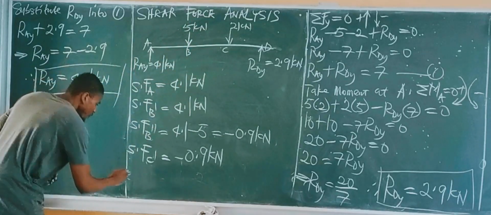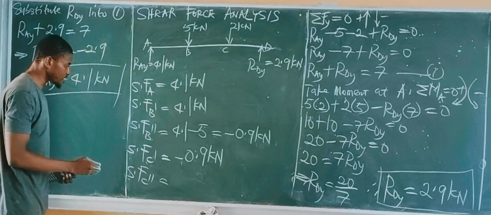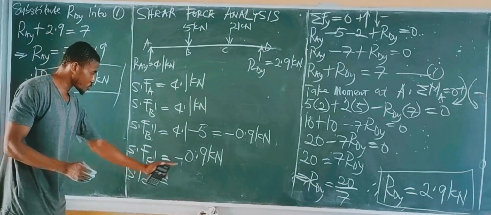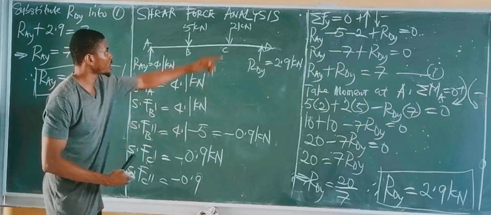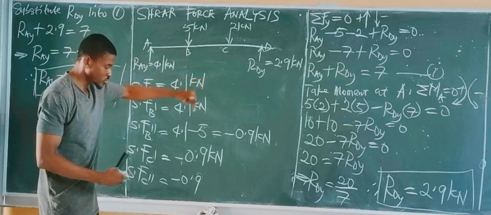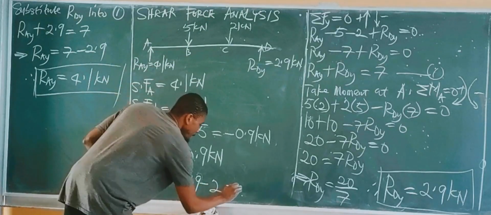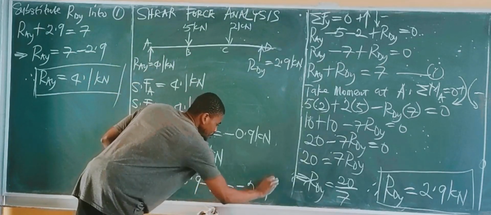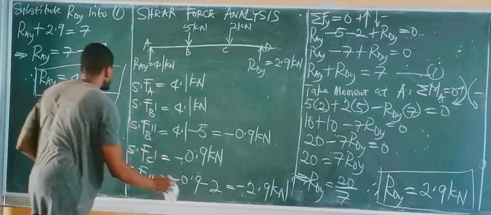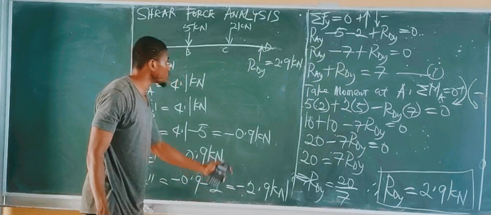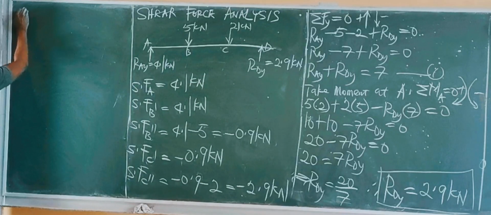So we have shear force C prime prime, where the minus 0.9 force encounters a 2 kilonewtons force acting downwards. So we have minus 2, which gives minus 2.9 kilonewtons. This minus 2.9 kilonewtons force moves from point C down to point D. So we have shear force D prime.